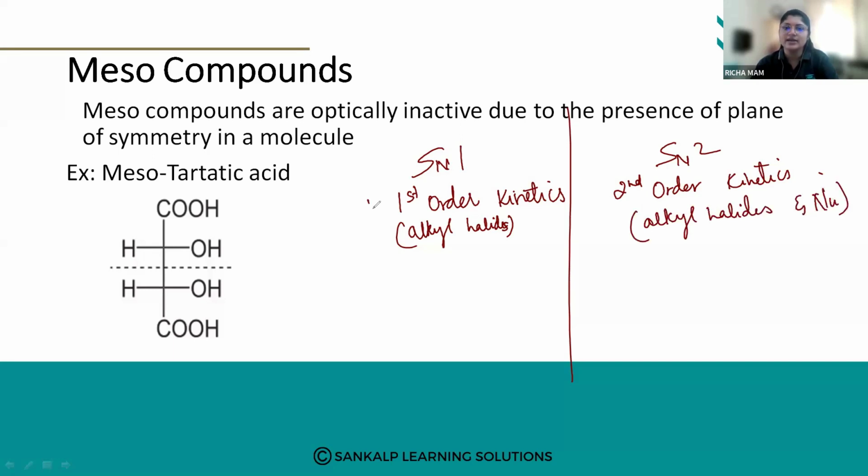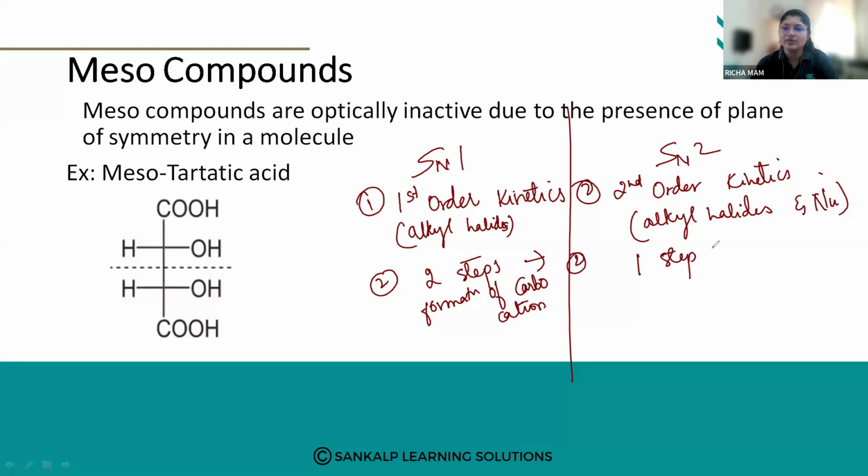Then the second point is that the SN1 mechanism follows two steps, with formation of carbocation. Then SN2 follows one step with formation of a transition state.